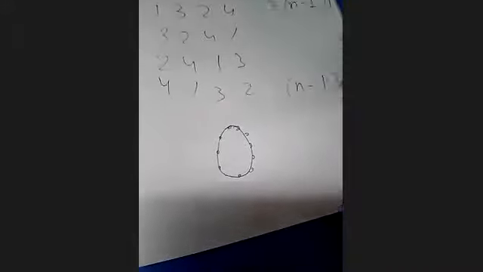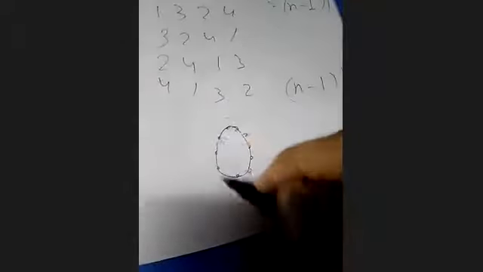But see, these pearls are identical, right? Tell me, yes or no? So these pearls are identical. So moving from any direction to any direction basically means the same, (n-1) factorial.